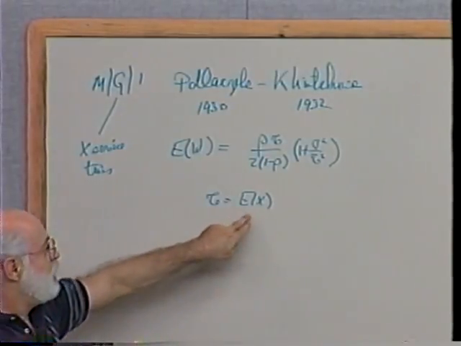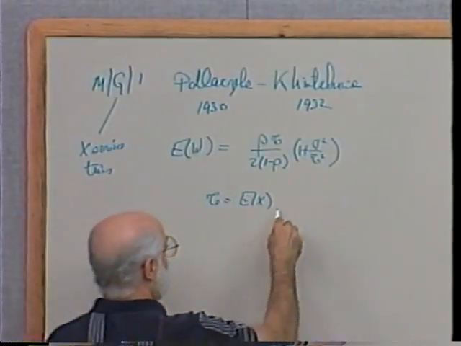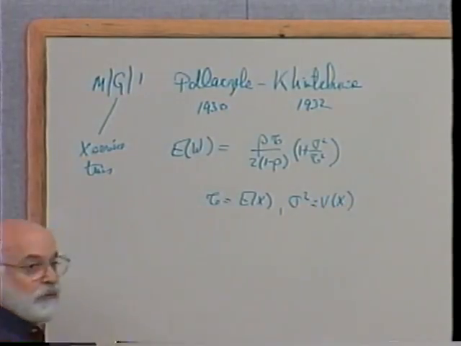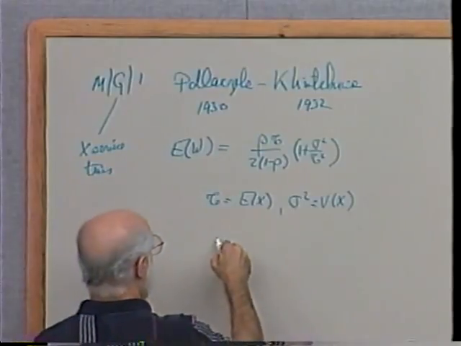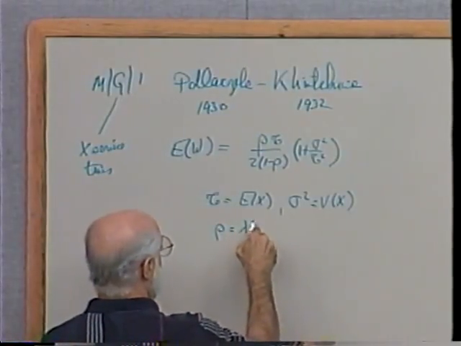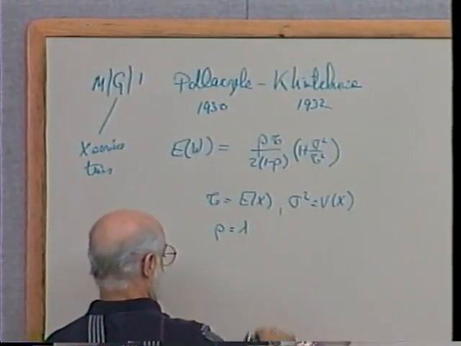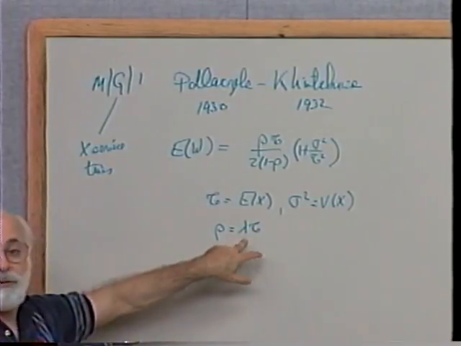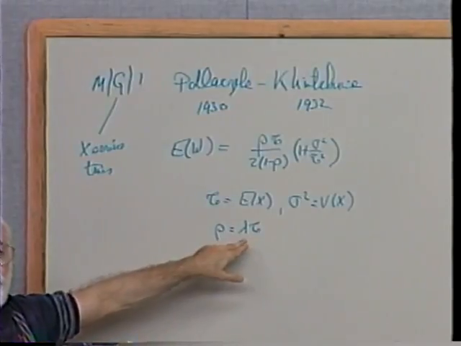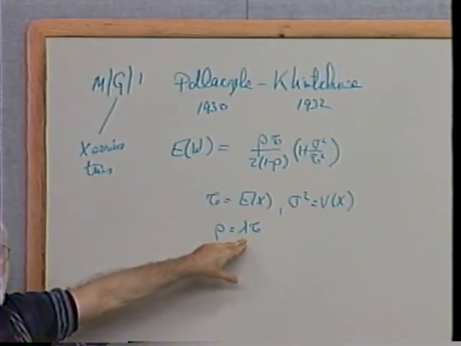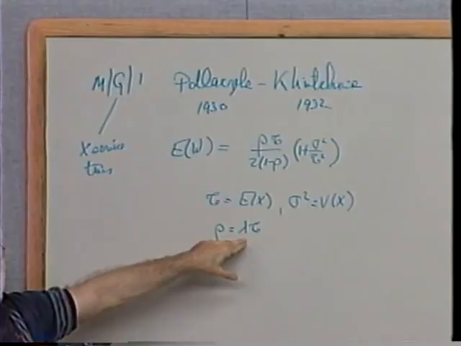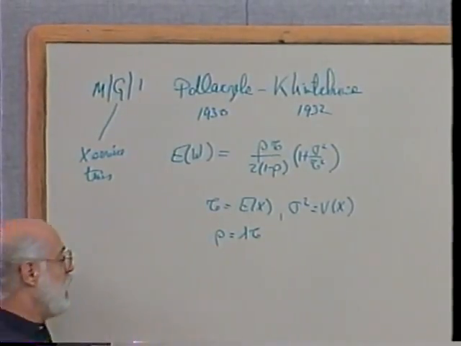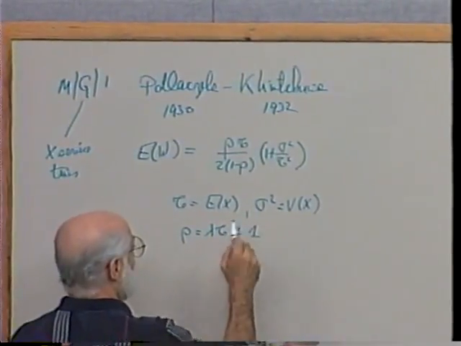By definition, tau is the expected value of x, and sigma squared is equal to the variance of x. And rho, by definition, is lambda times tau, where lambda is the arrival rate. And of course, you recognize this is equal to the offered load. And since this is a delay model, this is also equal to the carried load. And of course, that means this thing must be less than 1.